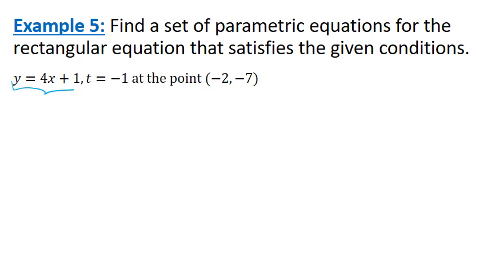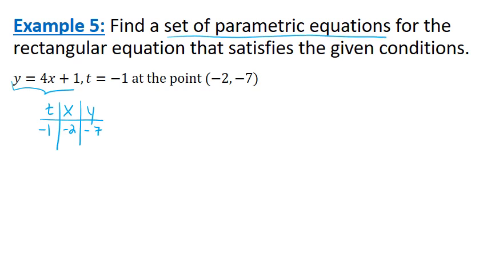Okay, so this given information here, let's just make our little chart. What this is saying is when t equals -1, we have the point (-2, -7). Okay, well, cool. Now, what we need to do from this is we need to come up with some sort of equation because we need a set of parametric equations.